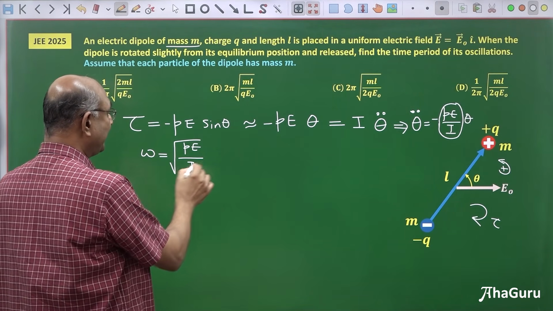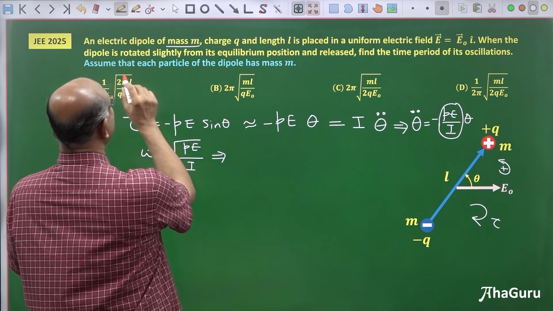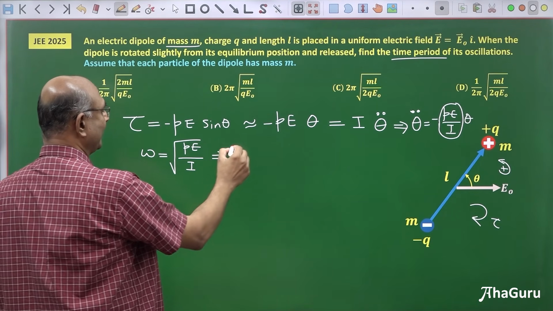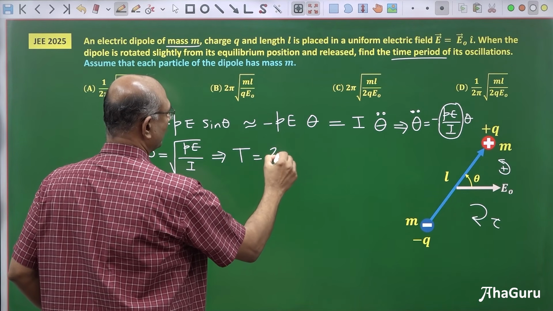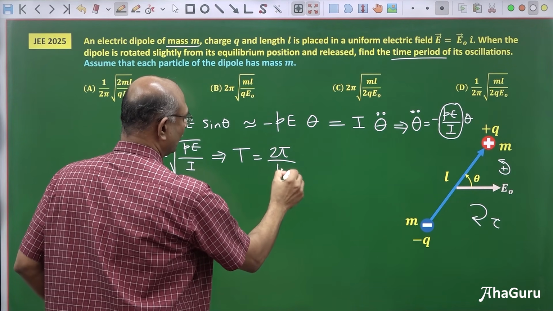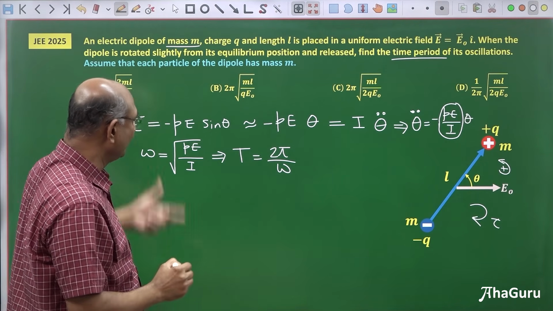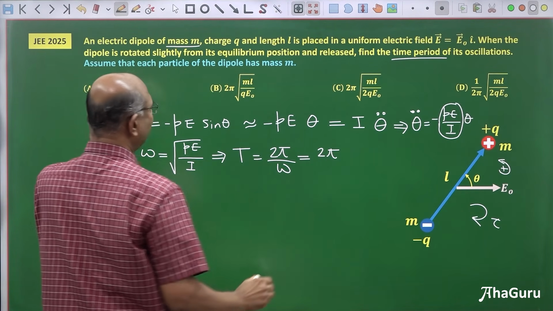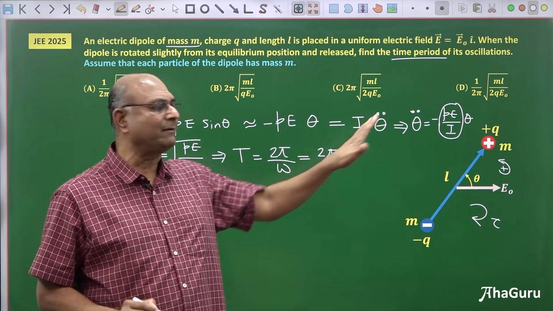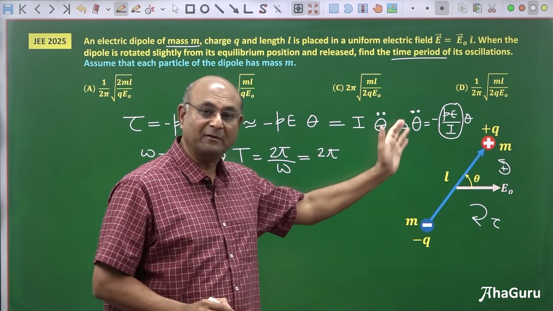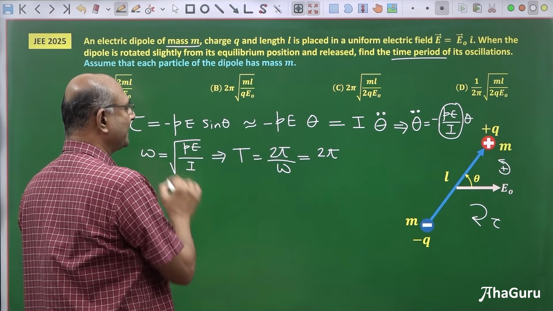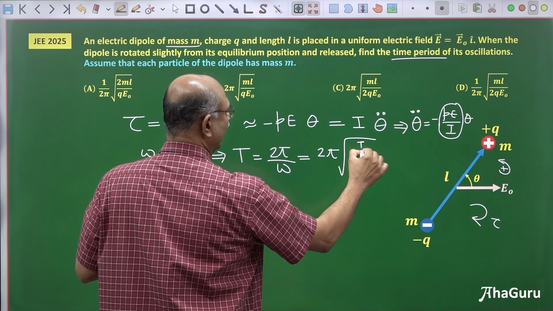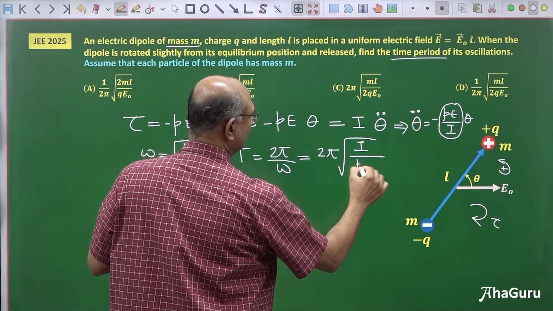Time period is what they have asked, so time period is 2 pi by omega. We just looked at this anyway, I'm just redoing it so that you know how to calculate. My recommendation is that every time you write down the torque, say it's equal to I alpha, then write this. Don't remember it like a formula. So the time period is 2 pi root of I by P E.